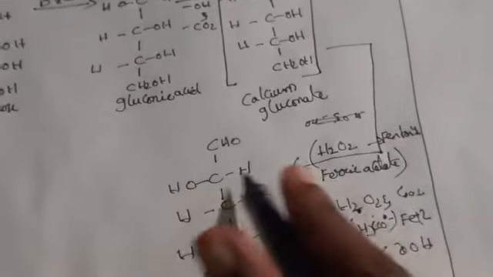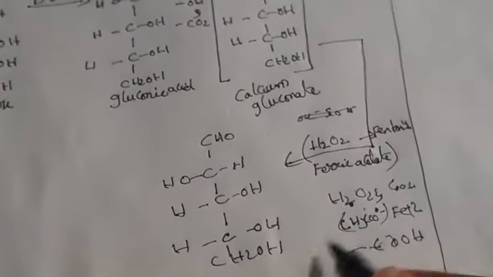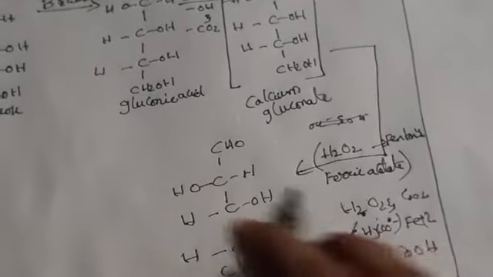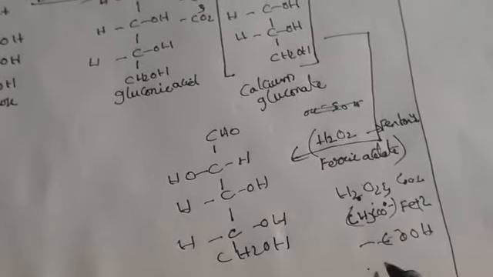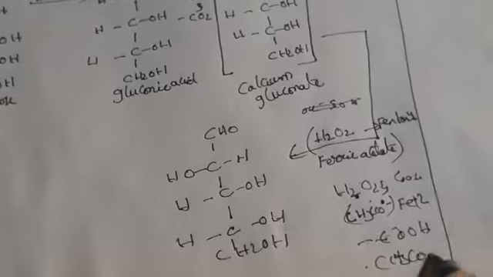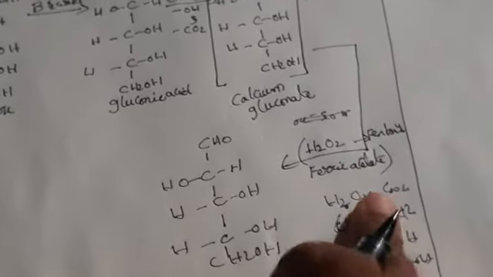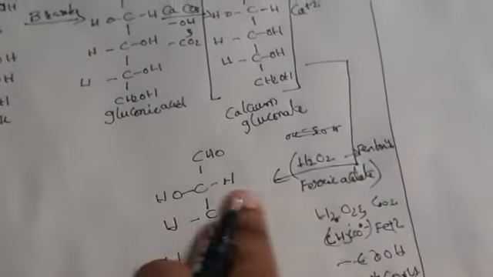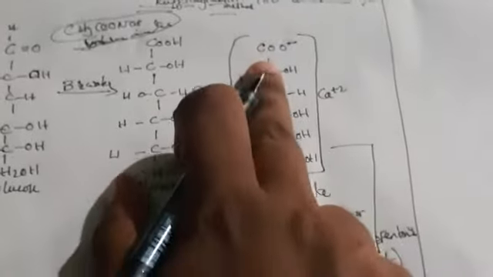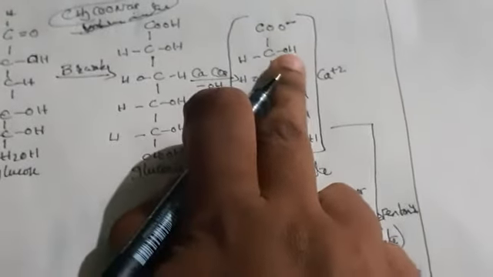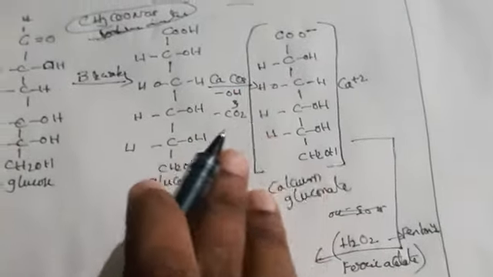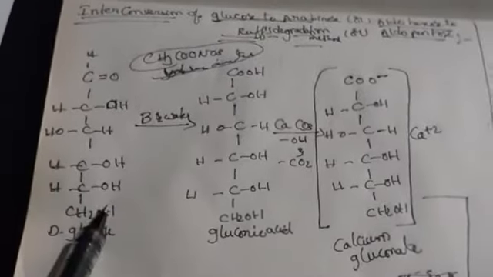Also, H plus will come and add here, giving CH3COOH. So the molecule forms, COOH is eliminated, and the 6 carbons are reduced to 5 carbons.